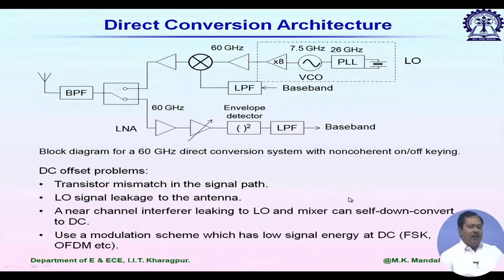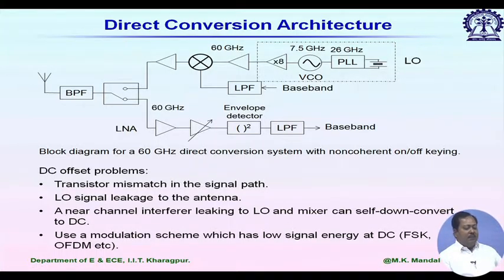There are many causes of DC offset: transistor mismatch in the signal path, and LO signal leakage to the antenna. The LO signal coming to the antenna is not perfectly matched, so some of this incoming power can be reflected back towards the source, which will be received by the receiver side, and once it is received it will be mixed with LO again.